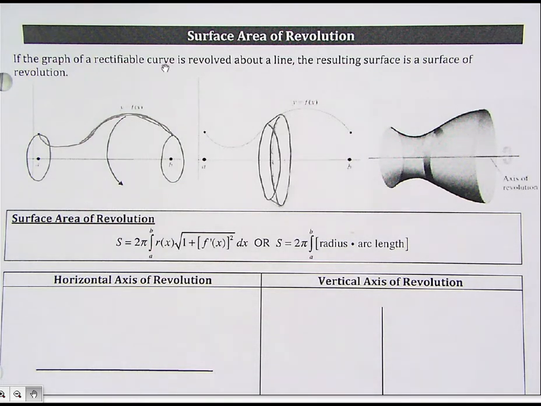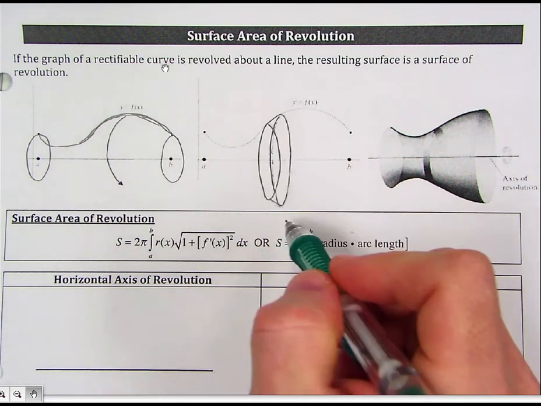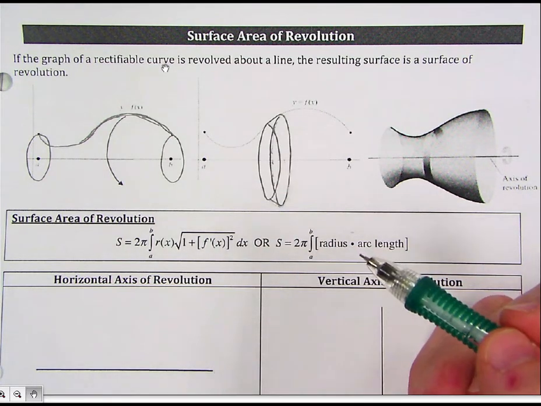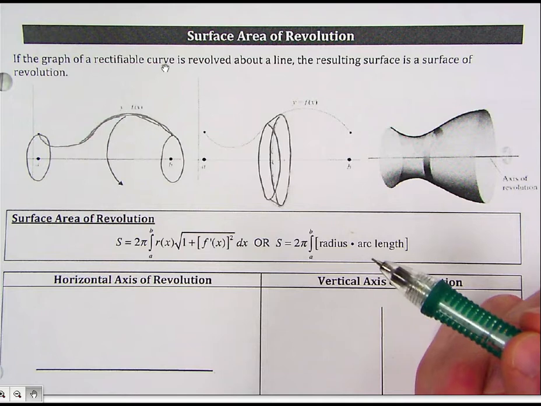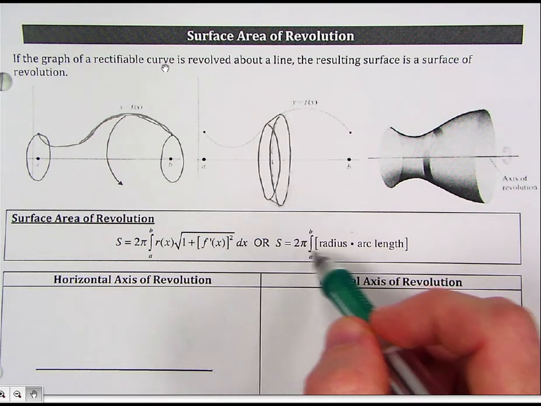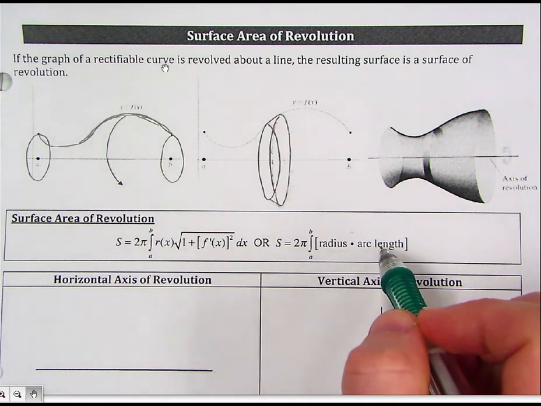Okay. So I just picked one little ribbon, and we can find here the surface area of the ribbon by taking 2 pi times the integral of the radius times the arc length.